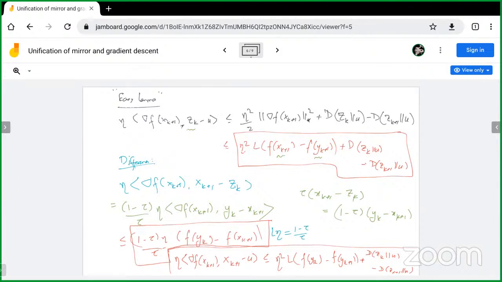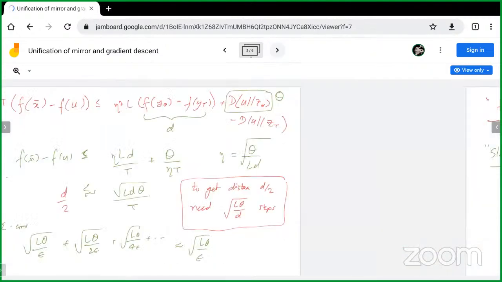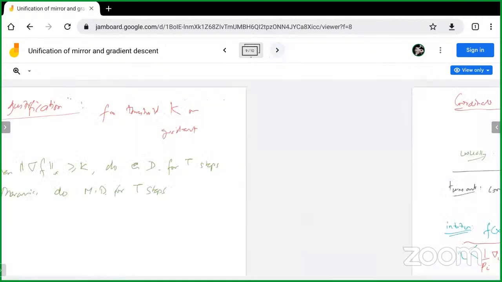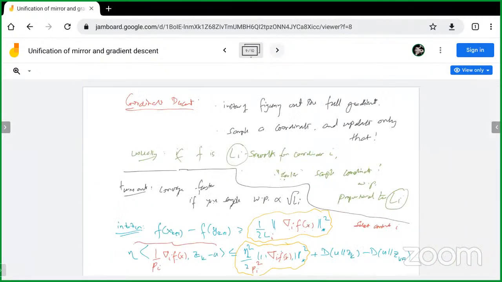This was essentially your coupling and your gradient descent step, right? So you want these things to cancel out, and therefore pi should be roughly root L_i.